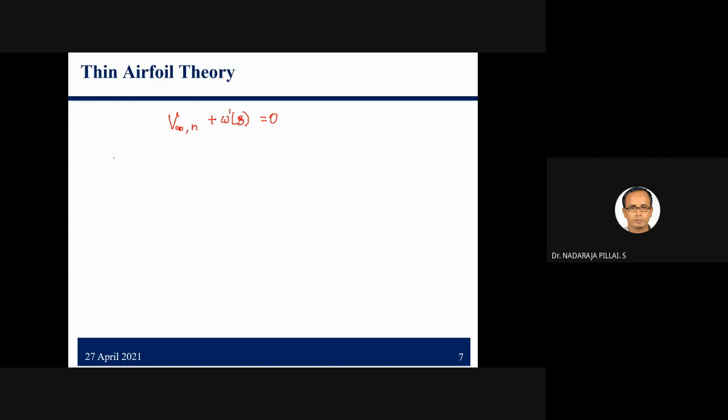The boundary condition necessary for the camber line to be a streamline.